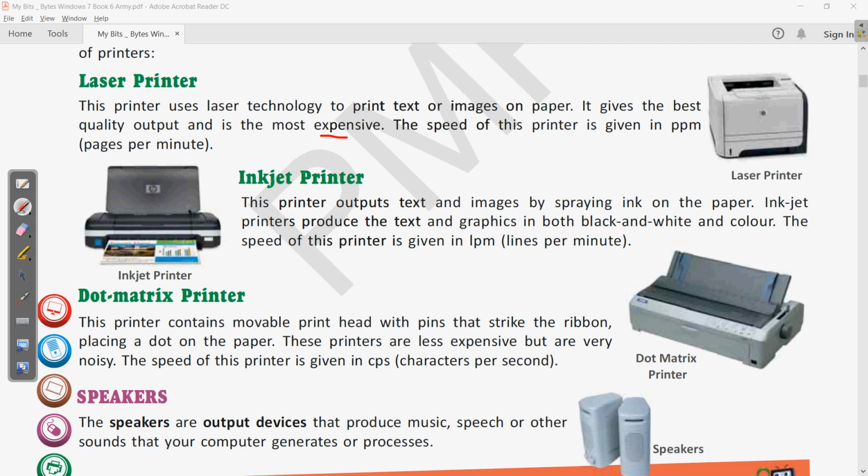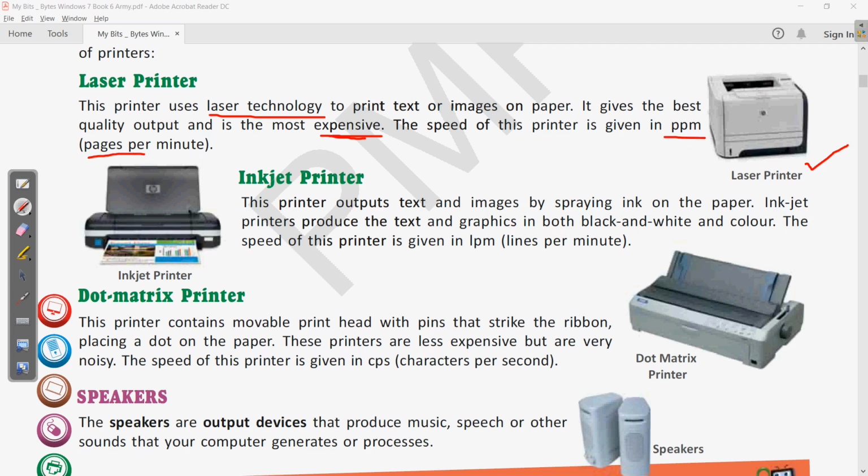Then the cost of laser printers is more because the laser technology is used. Because the cost of making the hardware of these devices is more, the cost is also a little bit higher than other printers. Then it prints pages very fast. Clear? The speed of these printers is fast and it is measured in pages per minute.